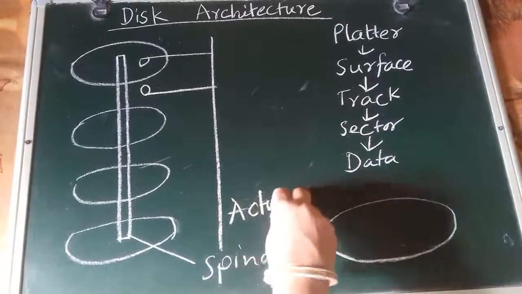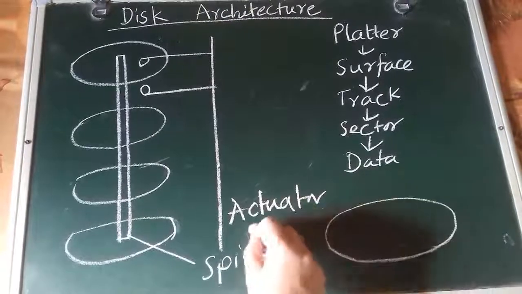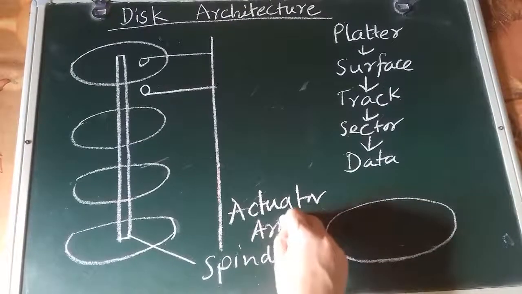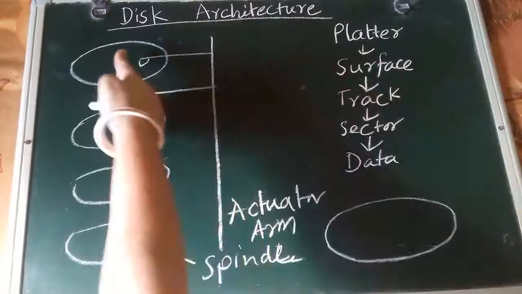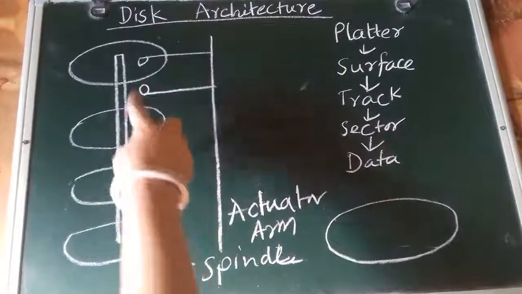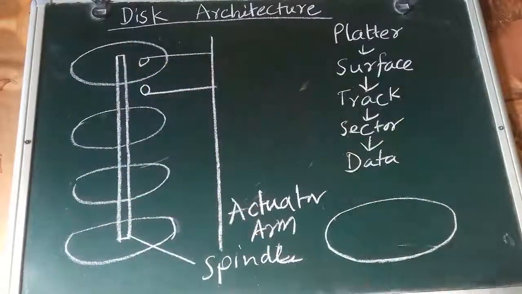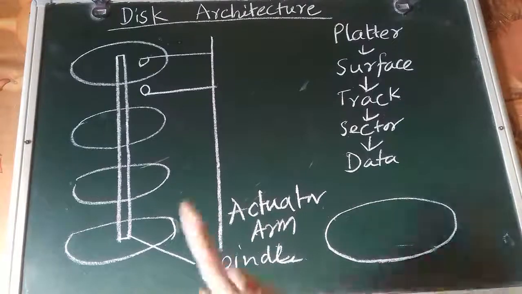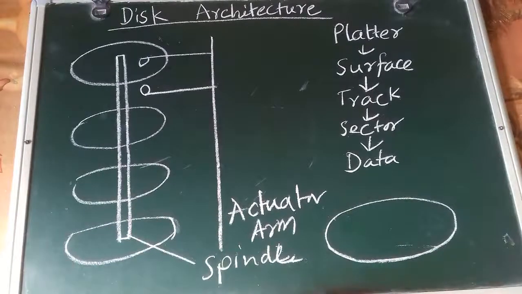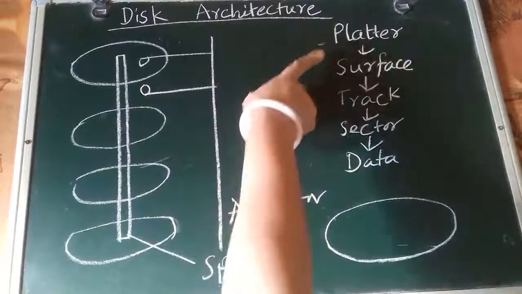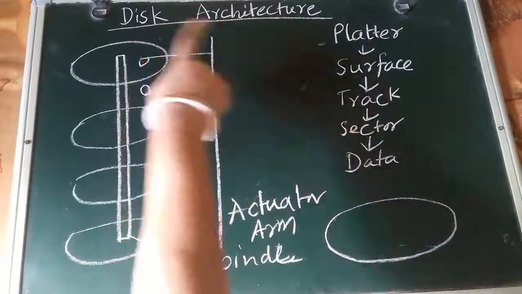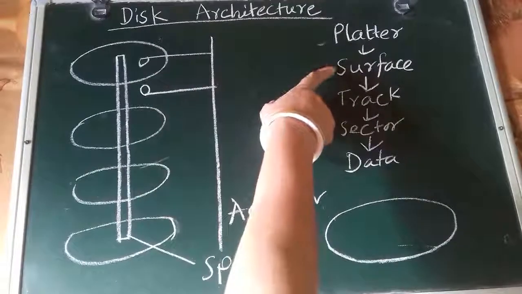The arm is nothing but a hand which is holding 2 read write heads for writing or reading on the upper and lower side. So what we got is the platter, then the surface. The surface is present on both sides of the platter.